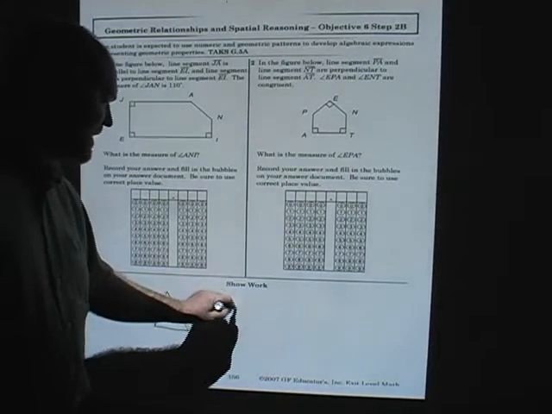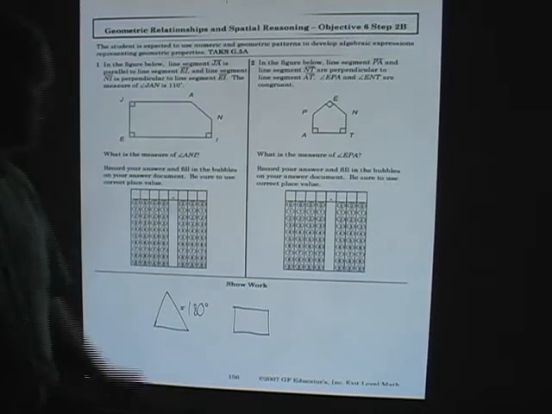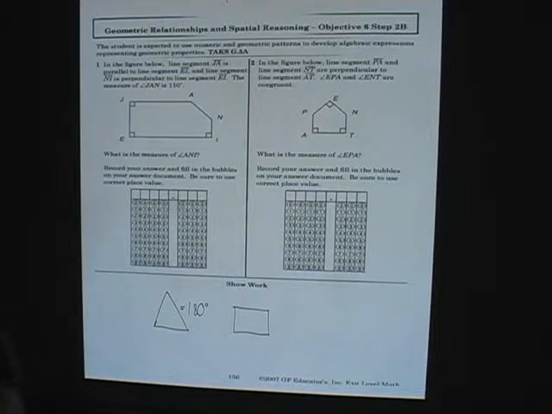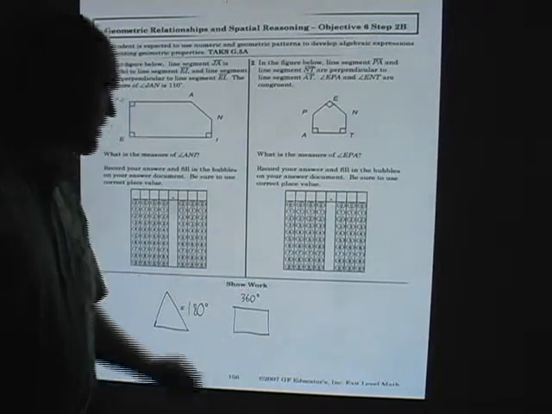Now, if I take a rectangle, now you know a rectangle has 4 90-degree angles in it, so you could just add those up and find that it equals 360 degrees. Okay.